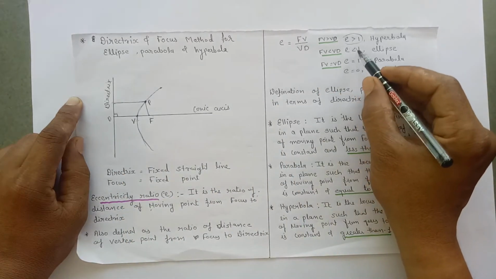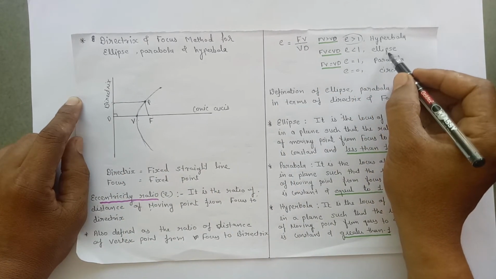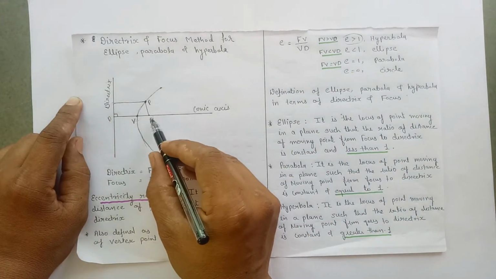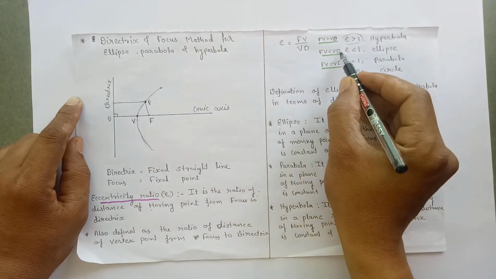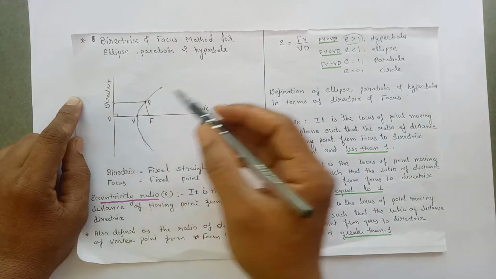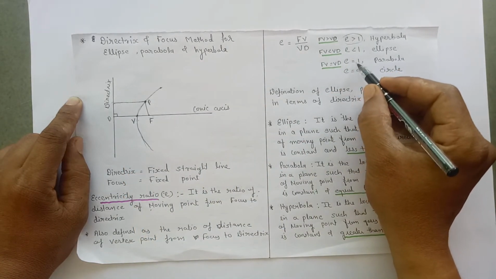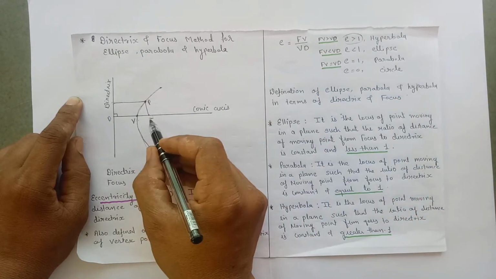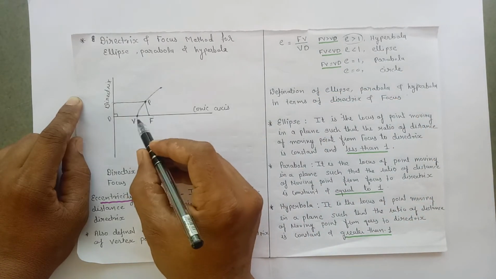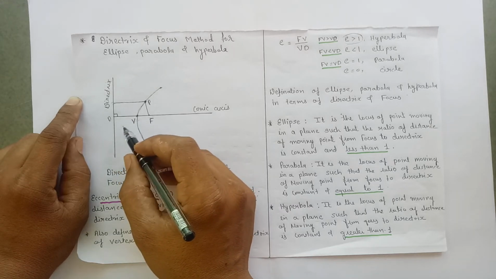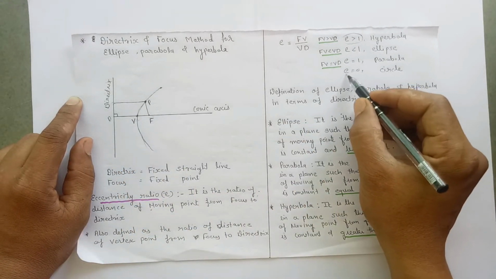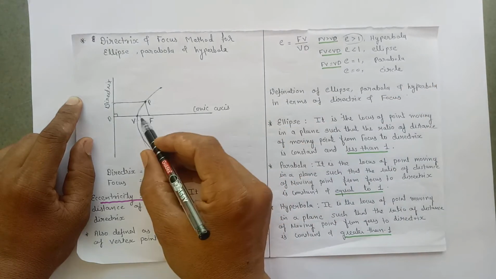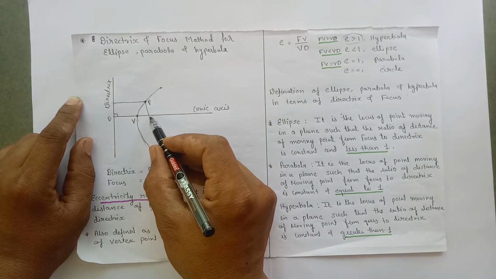If the eccentricity ratio is less than 1, the curve will be ellipse, so the distance of vertex to focus is less than the distance of vertex to directrix. When eccentricity ratio is equal to 1, the curve will be parabola, so the distance of focus to vertex is equal to the distance of vertex to directrix. And if the eccentricity ratio is equal to 0, the curve will be circle. At that time we have to take the vertex point on the focus.